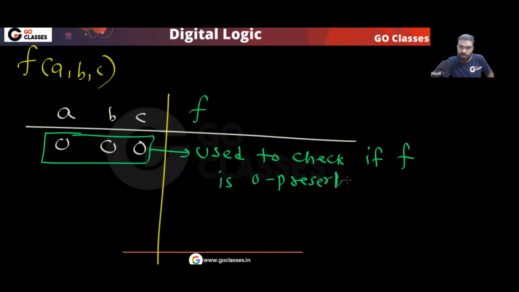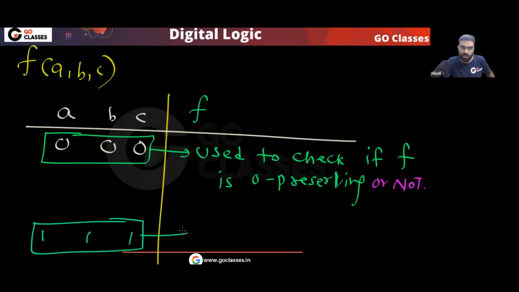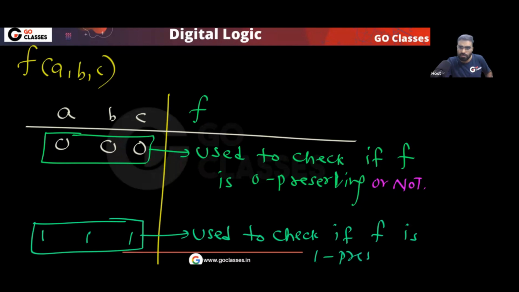Is this clear? Very simple. And what about one preserving? This row is used to check if f is one preserving or not.